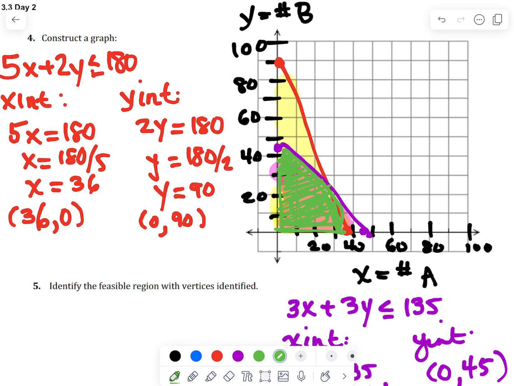Then we need to find the vertices. So this first vertice is 40, 0. Sorry, oops, 40, 0.